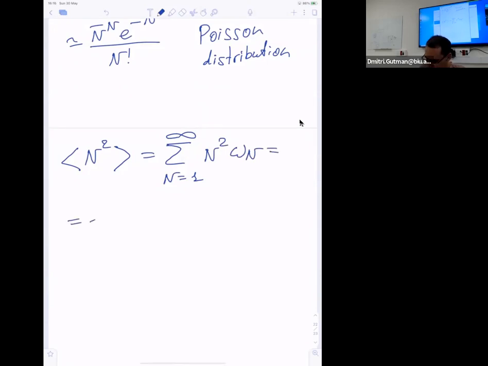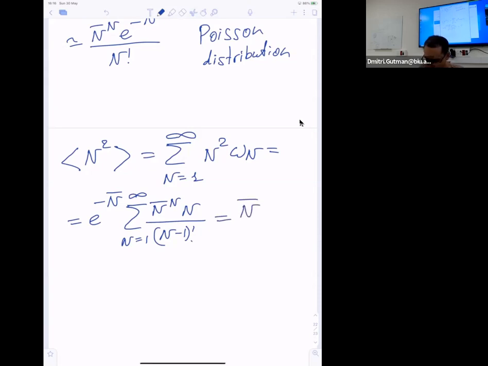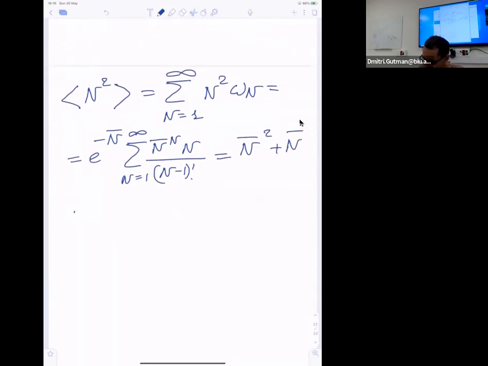And this is equal to e to the power minus n average times the sum over n from 1 to infinity, n average to the power n times n divided by (n minus 1) factorial. And after we play with this formula, we get that this equals n average squared plus n average. So which means that the average of n squared minus n averaged squared is equal to n average, which was also denoted as a number.